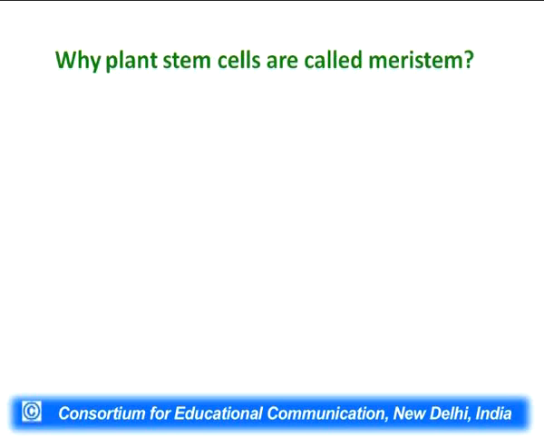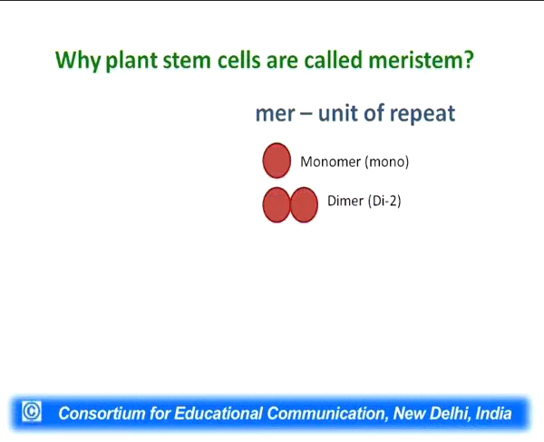So the question I have put here is why the plant stem cells are called meristems. Stem cells are there in each and every organism, and not all are called meristems, but there is a specific reason why plant cells are called meristematic cells. For that, one needs to see how a plant develops. I also told you in my previous class that plant growth is a repetitive unit of growth.